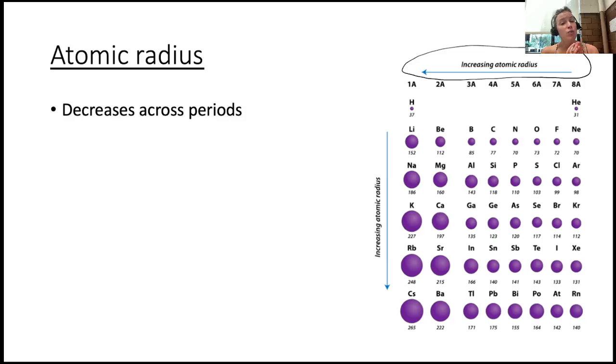So as we add more and more electrons into these atoms, don't forget the atomic number is increasing, the atomic mass is increasing. So as we add more electrons, we're adding more protons as well.